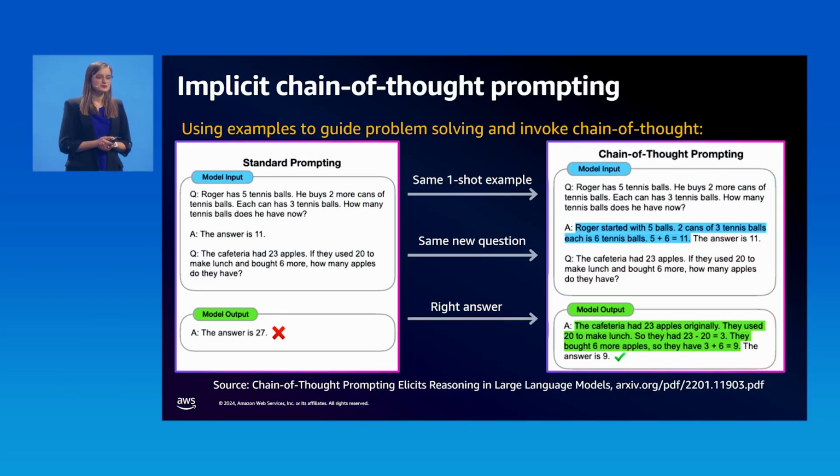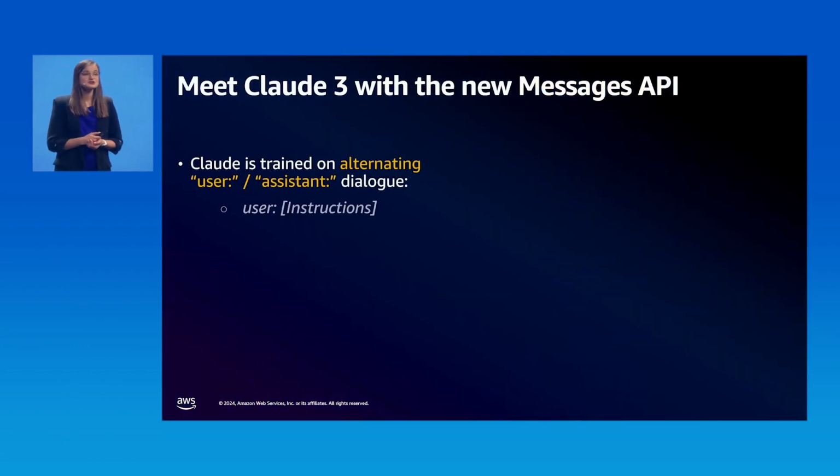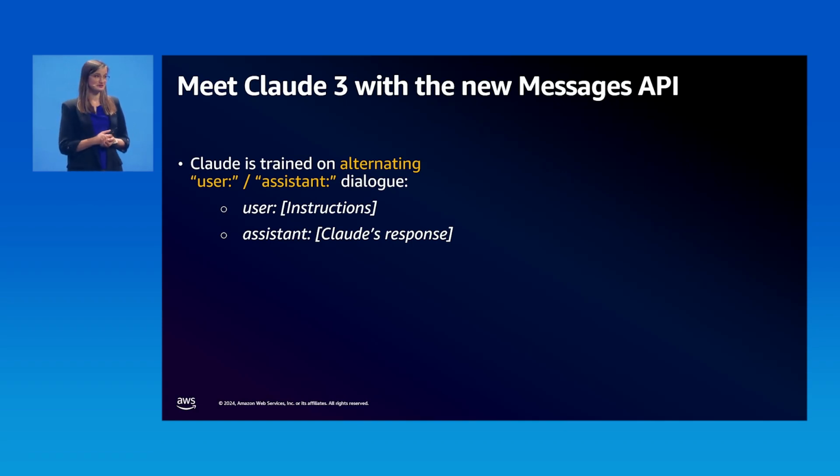I would like to start with introducing you to the latest edition of the Anthropic Claude model family, namely Claude 3, with the corresponding API, namely Messages API. An important hint to prompt engineering is to take a step back and consider how the LLMs were trained.